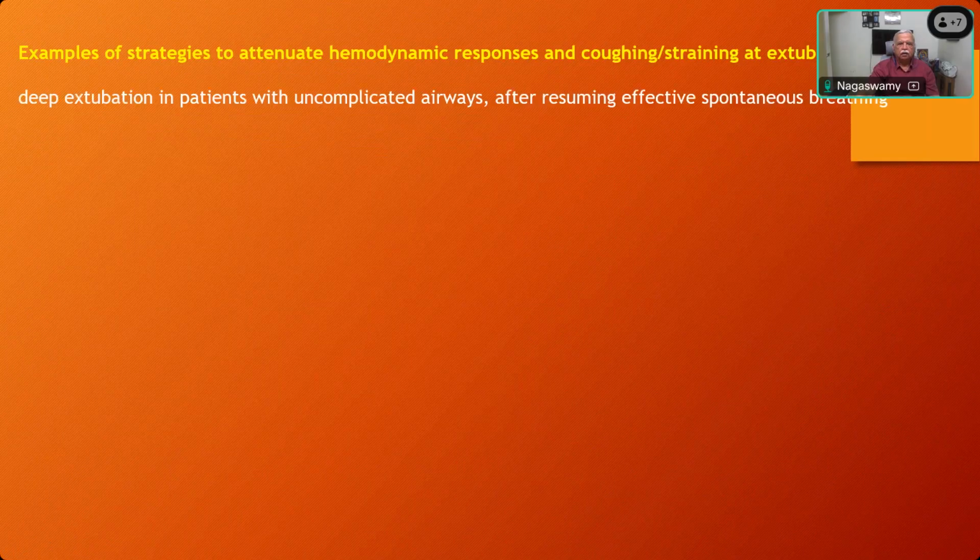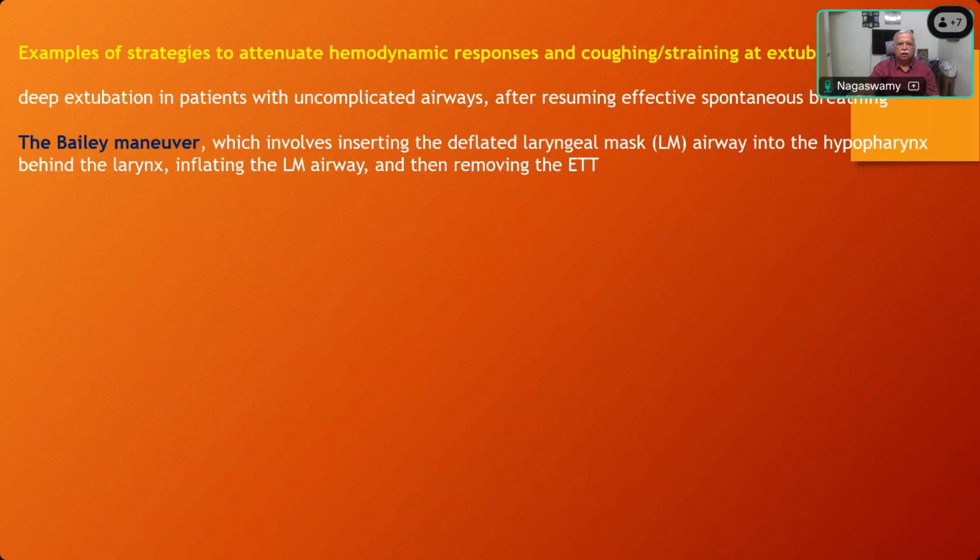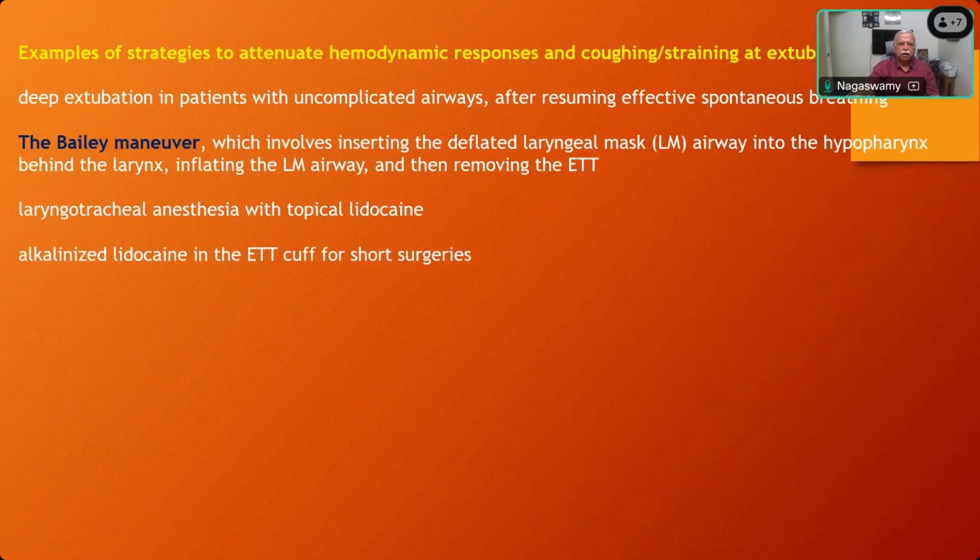And we have some strategies to attenuate hemodynamic response and coughing and straining when you want to extubate a patient after surgery. This can be practiced for anything. One choice is deep extubation. With an uncomplicated airway, if you can re-intubate the patient easily, you can extubate the patient in a deeper plane of anesthesia.